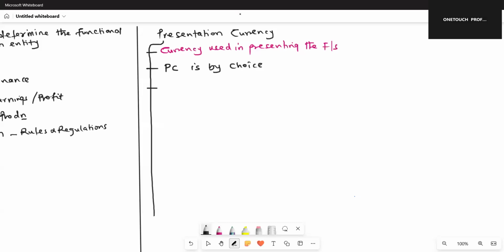Disclosed. The presentation currency can be changed at any time, but the reason for the change must be disclosed.